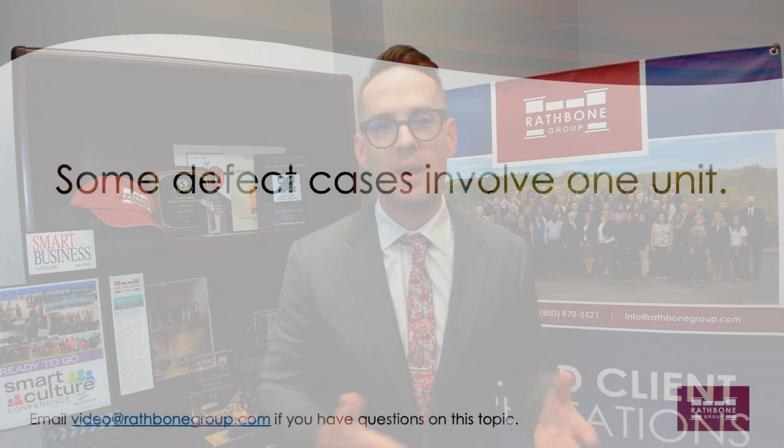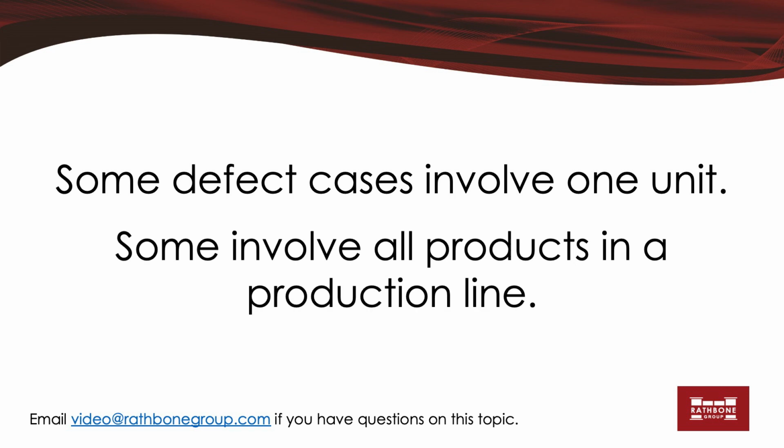However, since a lot of the products in the stream of commerce are mass produced, or they're using component parts that are themselves mass produced, you're going to see a whole lot of products where every single product in that line has the same defect because they were all produced the same way or with the same component part, which may or may not have that defect in it. So if you have a defect that includes every unit of a single product, you will usually see product recalls if the manufacturer knows about this and those products are out there.